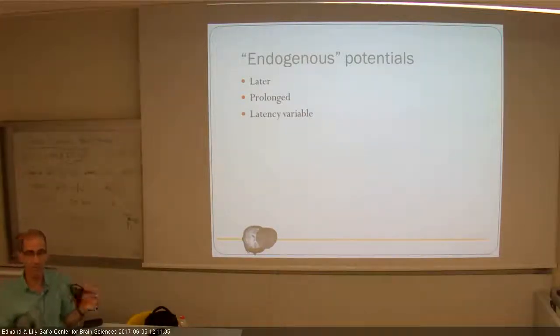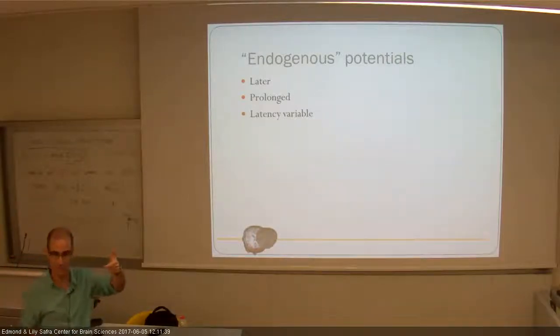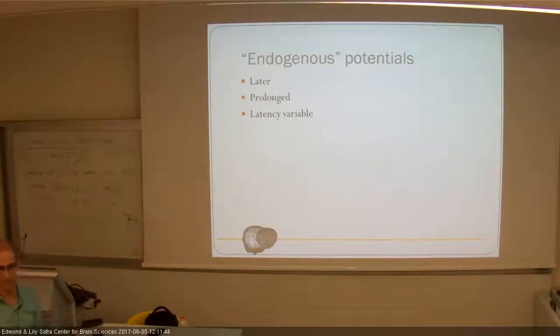The only thing that is regular is the fact that the second is higher than the first. Then occasionally I switch and present first the high and then the low, and you would get the mismatch negativity. So that's an abstract feature that we see. This is the mismatch negativity, a very simple paradigm which yields very, very rich data.